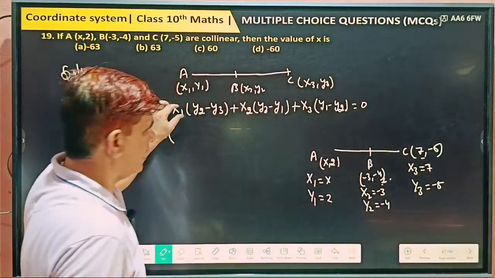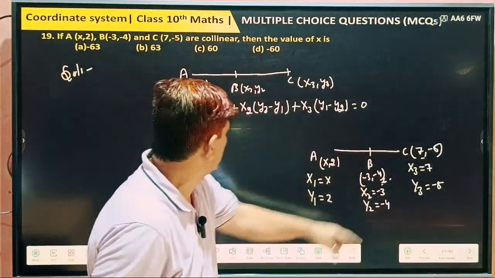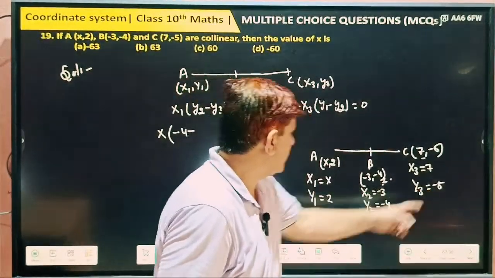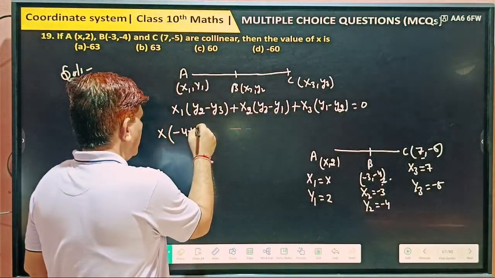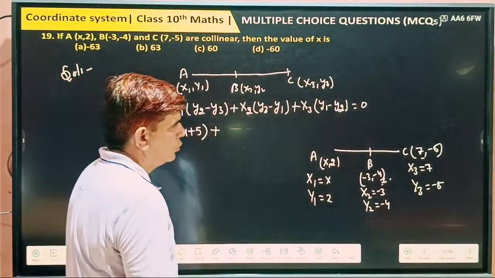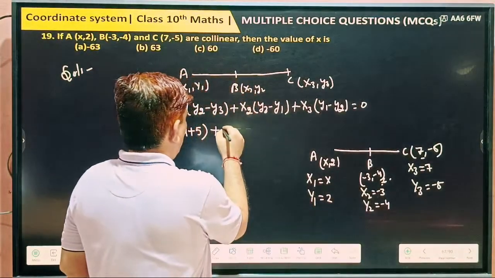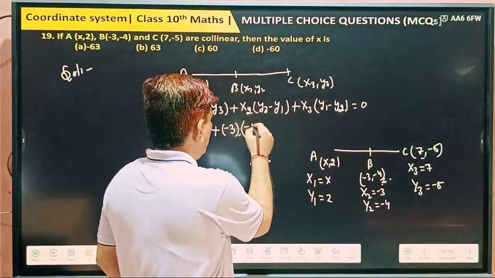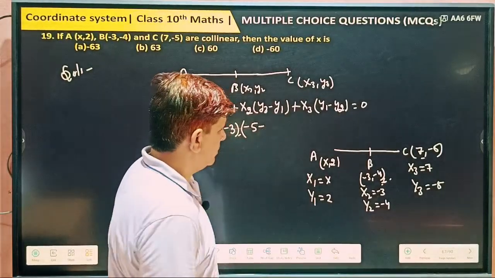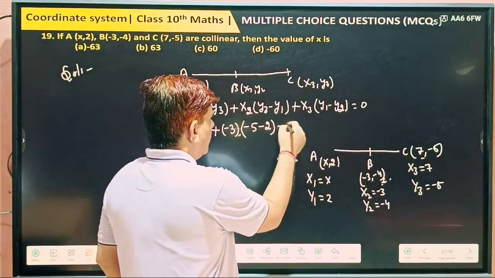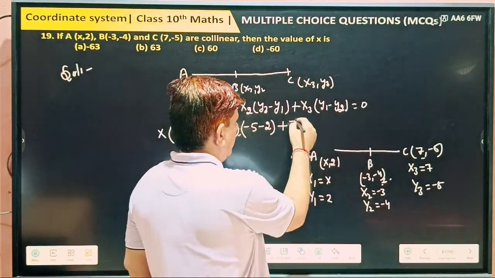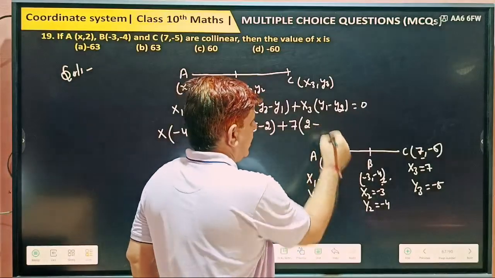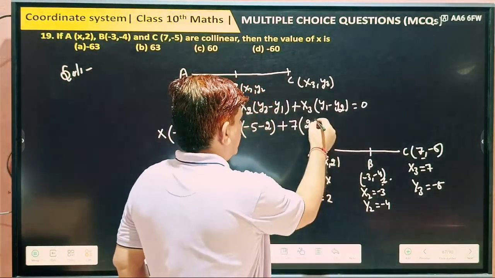So I have written x, and in place of y2, this -4, minus y3 which is -5, so plus 5, plus x2 which is -3, into y3 minus y1, that is -5 minus 2, plus x3 which is 7, into y1 minus y2, that is 2 plus 4.